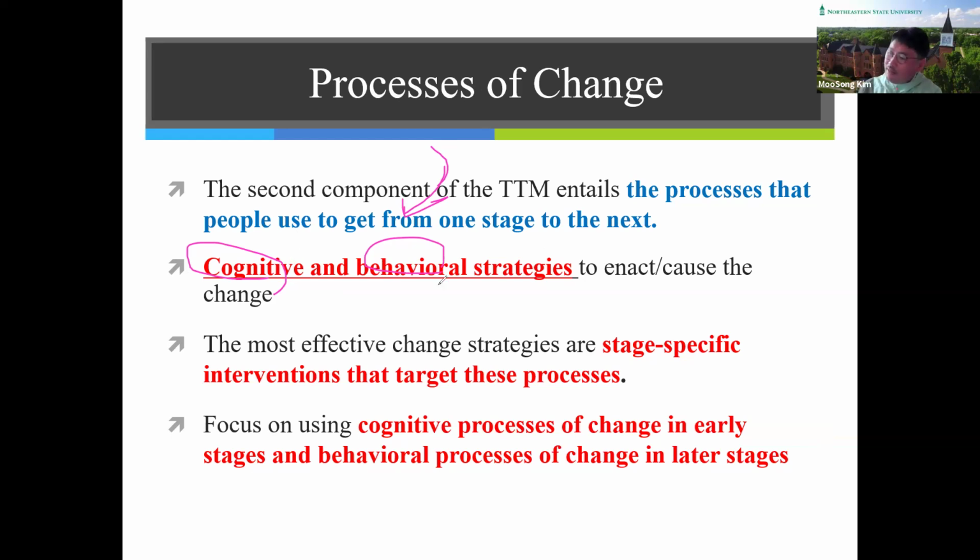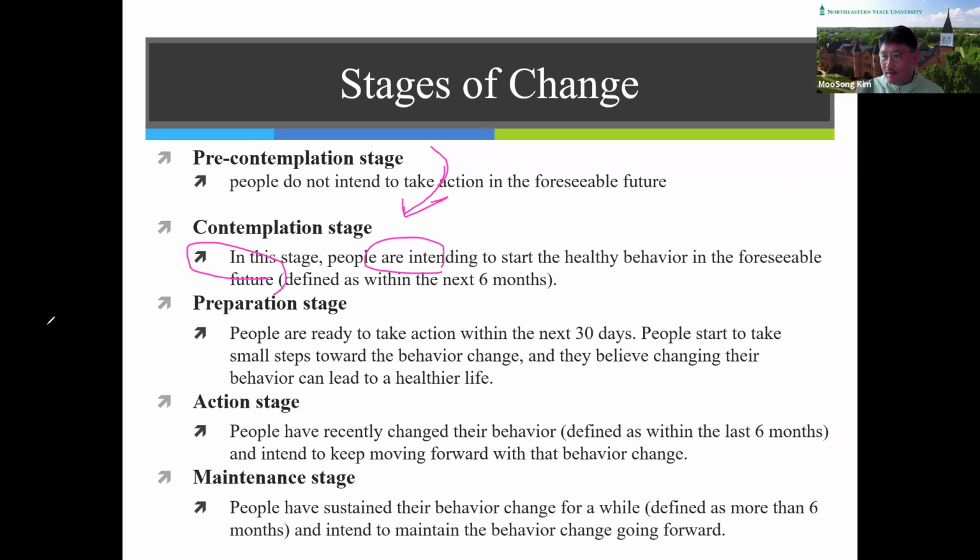The most effective change strategies are stage-specific interventions that target this process. That means moving from contemplation to preparation, or from action to maintenance, probably the same strategy might not work for these changes, right? From contemplation to preparation, a certain strategy might work, but that strategy might not work for other behavior changes.